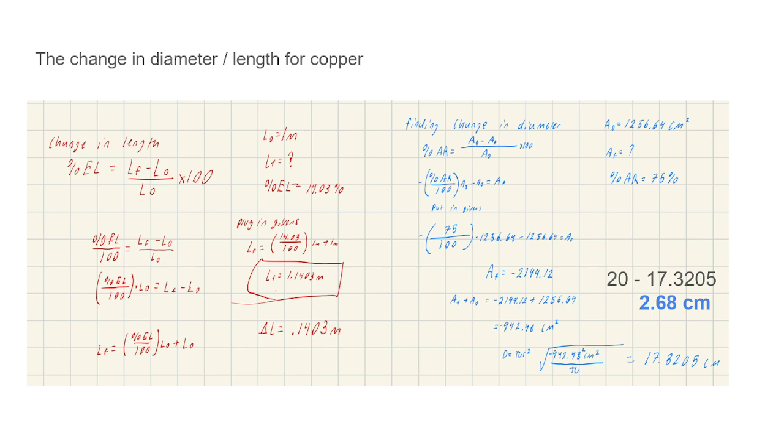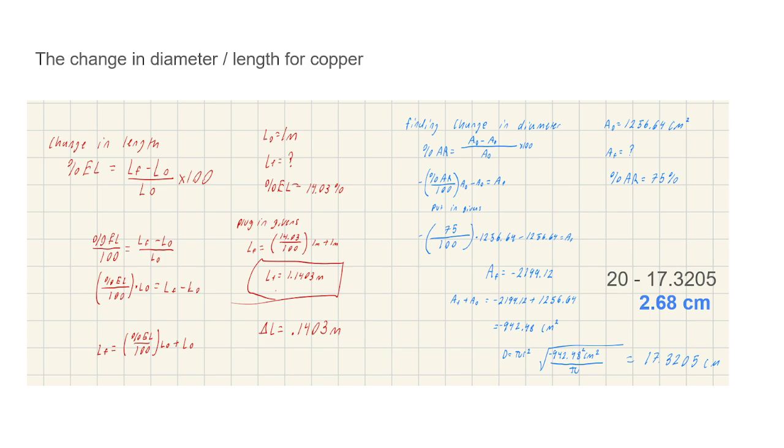We don't know the final length, but we do know the percent elongation at 14.03%. So I rearranged the formula to get what the final length equals. Plug in our given values, and that gives us the final length of 1.1403 meters. And then from there, we subtract the original length to get 0.1403 meters.